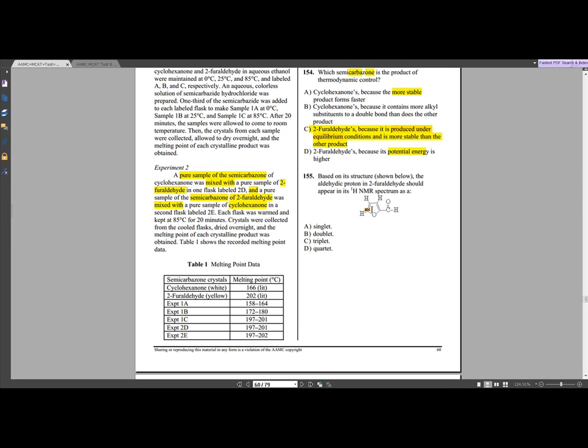Two furaldehyde. Oh my god! And then there's these NMR questions that I read Exam Crackers to try to explain to me what the difference is, and it doesn't make any sense at all.